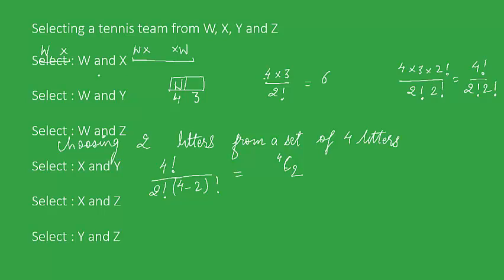Each of these will have two pairs, that is WX, XW, then WY, YW, WZ, ZW, XY, YX, XZ, ZX, YZ, ZY. It will be easier if you work it out, and the answer will be 4C2.